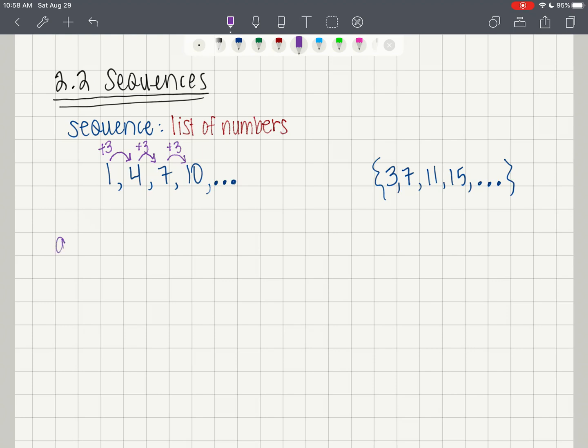Now, a sub n represents the value of the nth term.